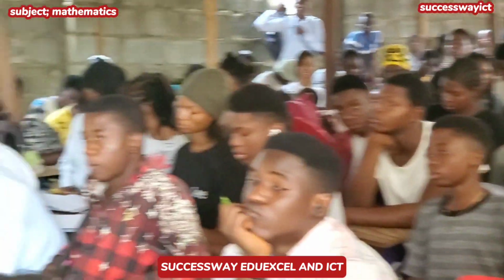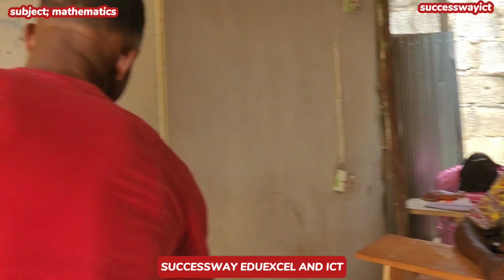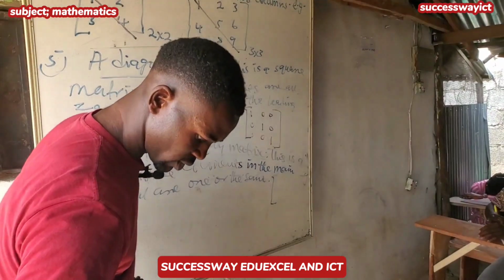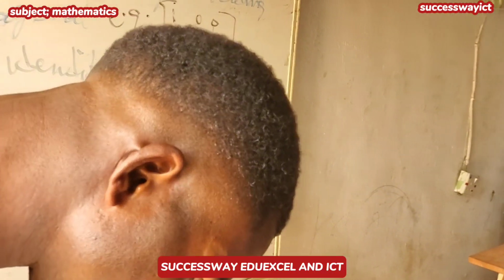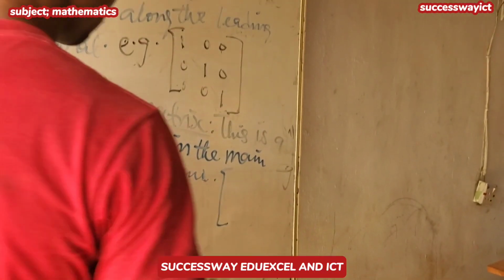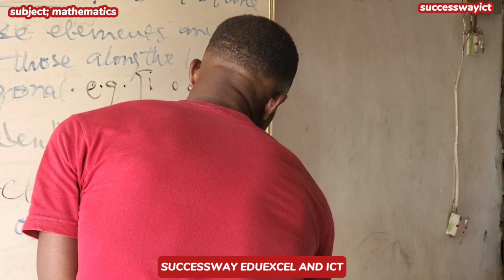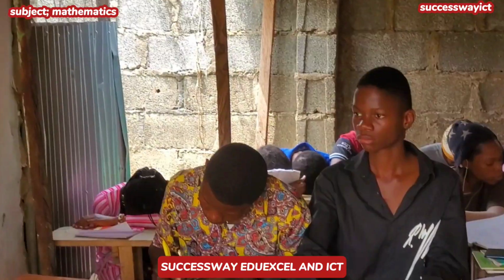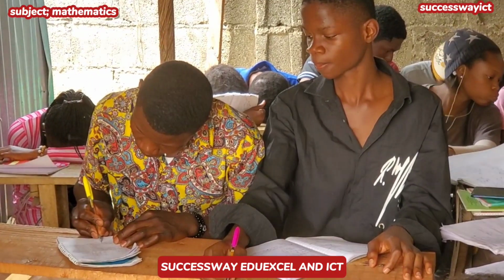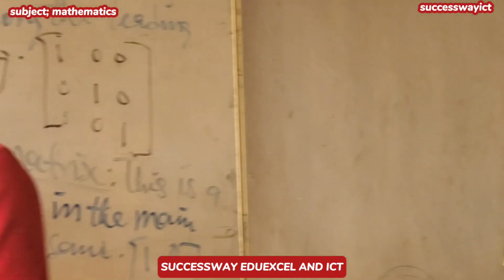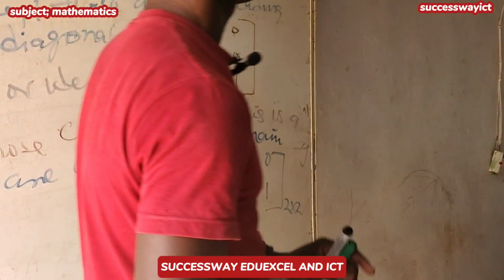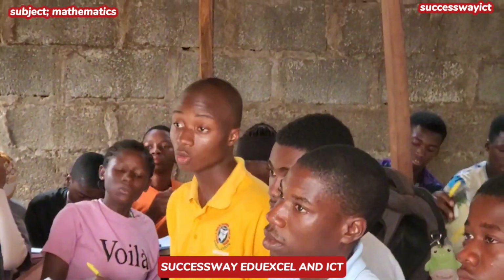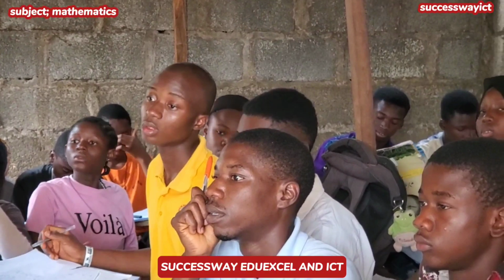So let me give you an example. If you have a matrix like this, 1, 0, 0, 1. This is a 2 by 2 matrix. You can see that all the elements in the leading diagonal are the same, or 1.